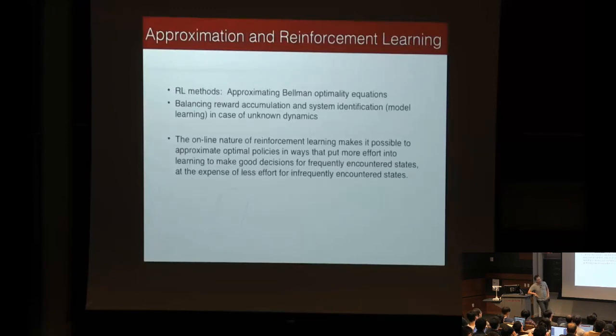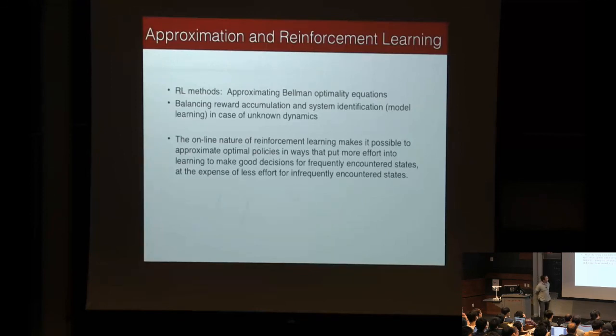So our RL methods, reinforcement learning methods, we're going to be approximating Bellman optimality equations. We're going to be balancing reward accumulation and system identification, so sort of like model learning. How much do we want to learn about the transitions in case of unknown dynamics?